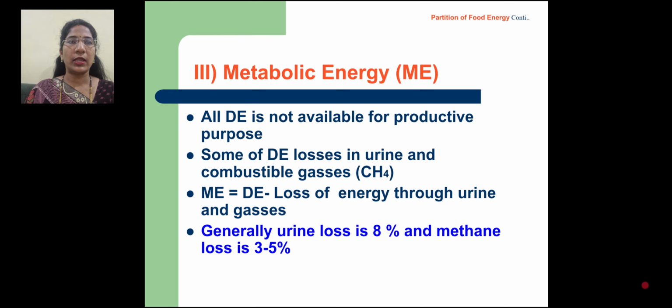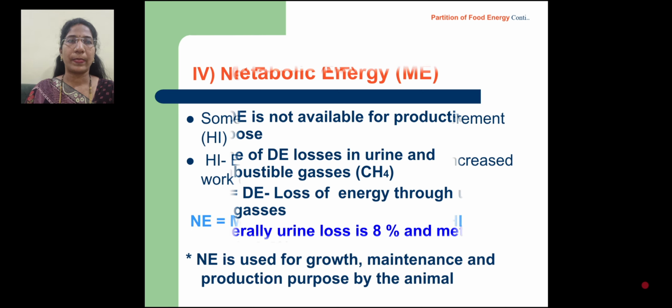That means metabolic energy is equal to digestible energy minus the loss of energy through urine as well as gases produced by the body, like methane. Generally, urine loss is 8% and methane loss is 3 to 5%. You have to remember this figure because it is asked in competitive exams as well as practical examinations.